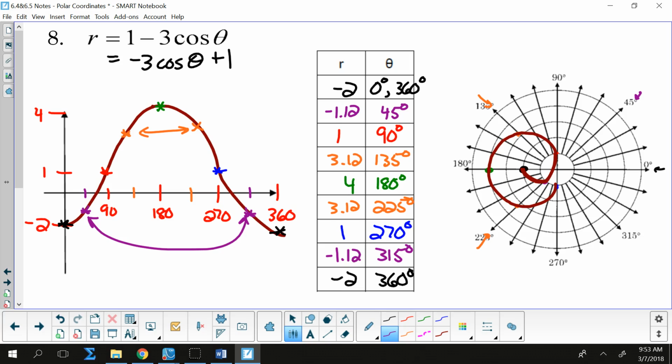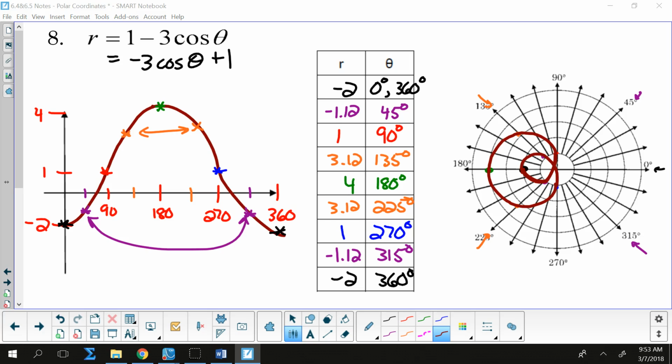That's the wonderful thing about trigonometric functions, is they have reflexivity. So at 315 degrees, which is right there, I go -1.12, back through the pole, and so then it finishes off here with that. That's awesome. I love it.